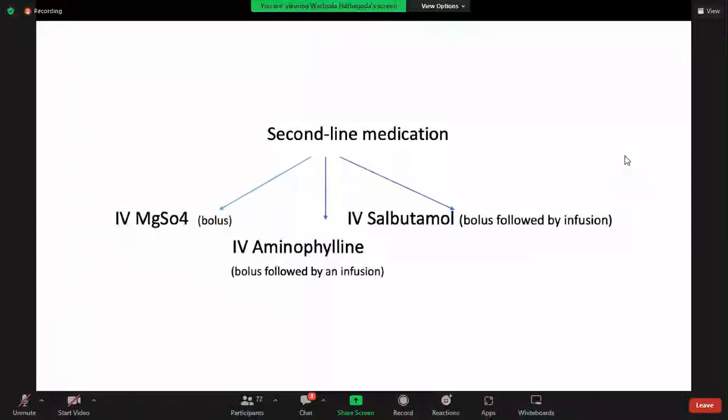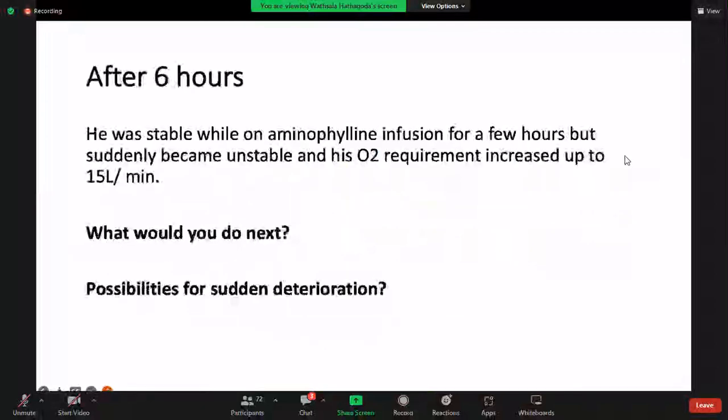It will shift potassium from plasma to the cells, causing hypokalemia. So all the medications have their own side effects, and according to your preference, you can start either.